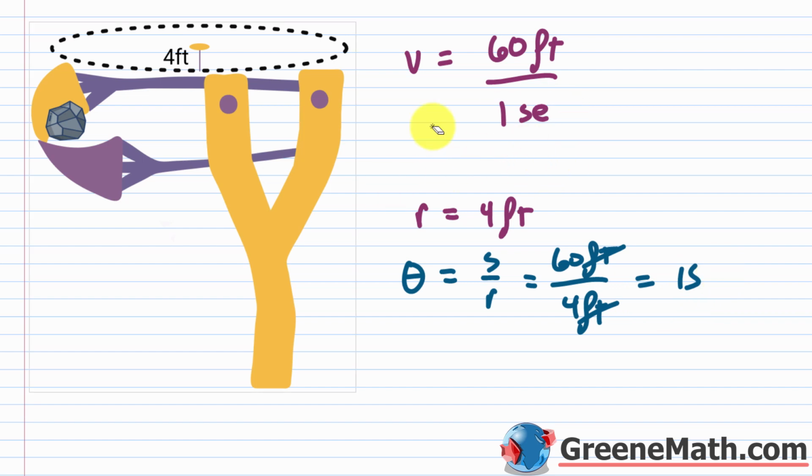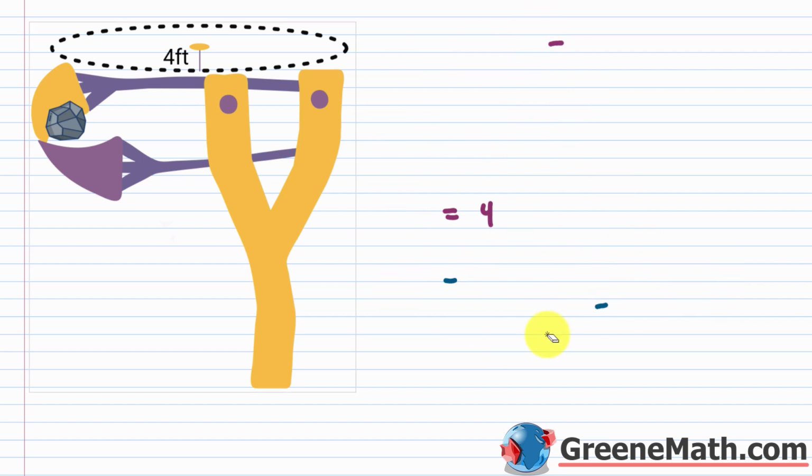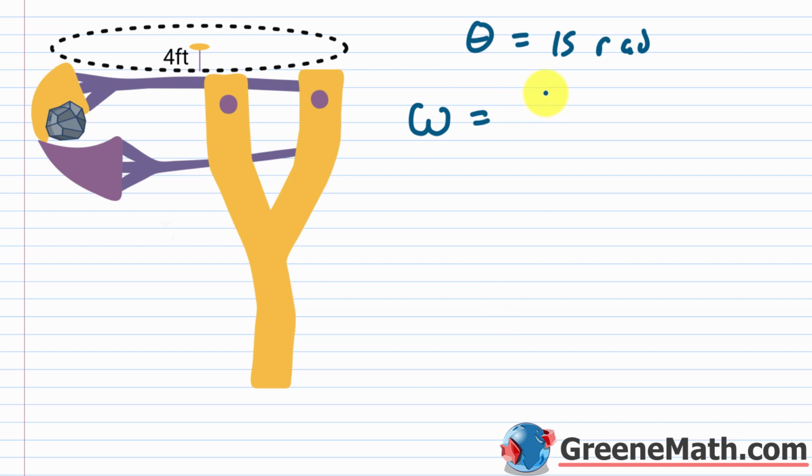So let me get rid of all of this. We don't need anything anymore like that. And we're just going to write out that theta is equal to 15, and let's just go ahead and put radians for completeness. And then if we think about our formula for angular speed, omega, again, this is going to be theta over t for time. So in this case, the time is just 1 second.